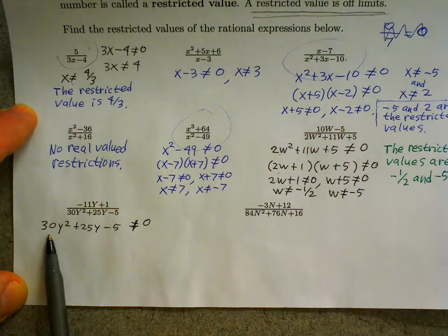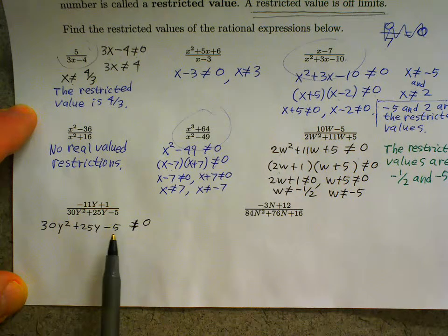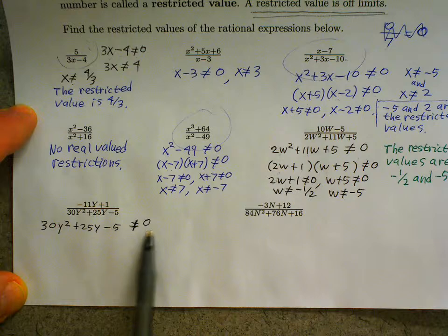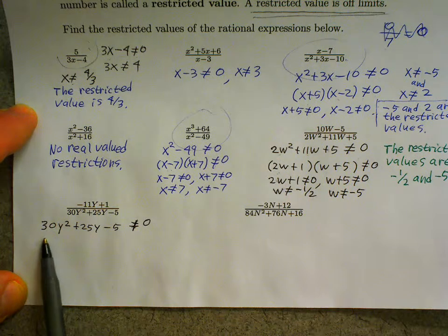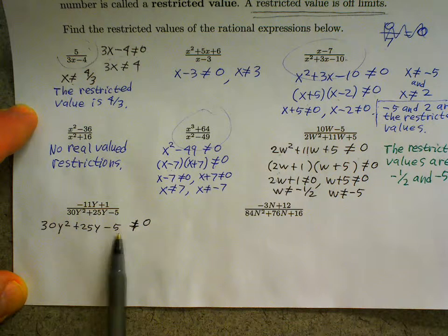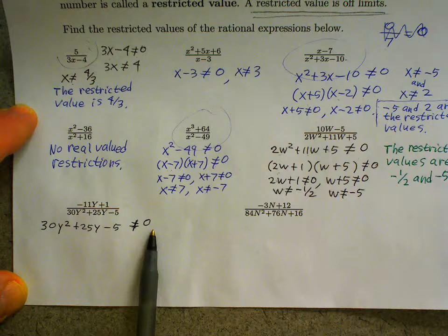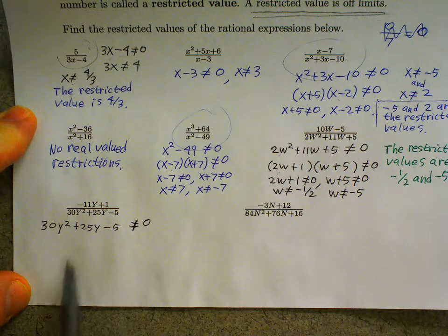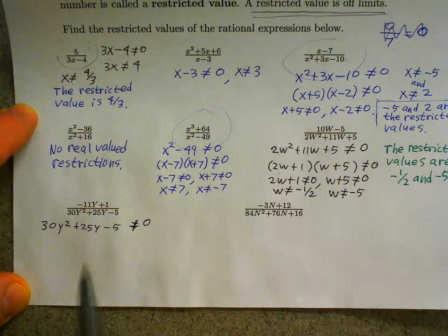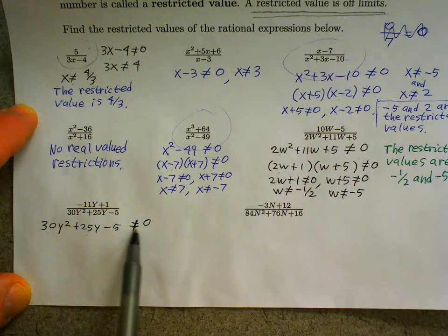Notice that the greatest common factor of the terms on the left is 5. So we can divide every term on both sides by 5 just to get rid of the extra factor. It's not required, but it's going to make the arithmetic easier. So we'll divide every term on both sides of this inequality by 5.